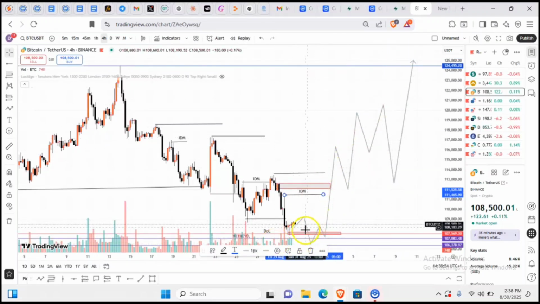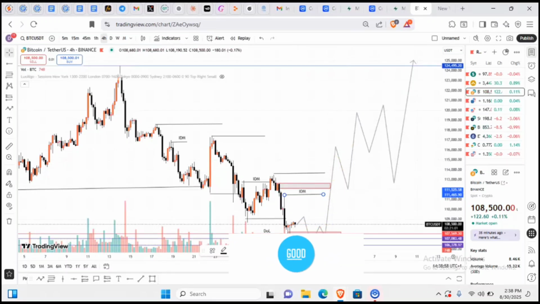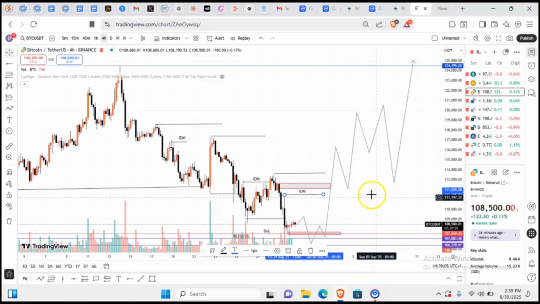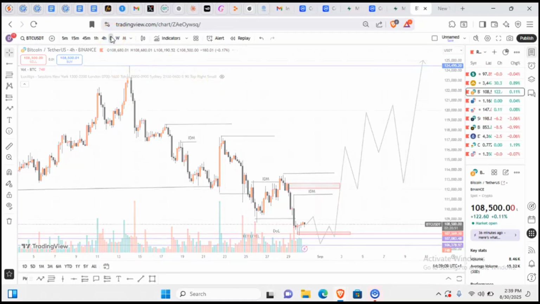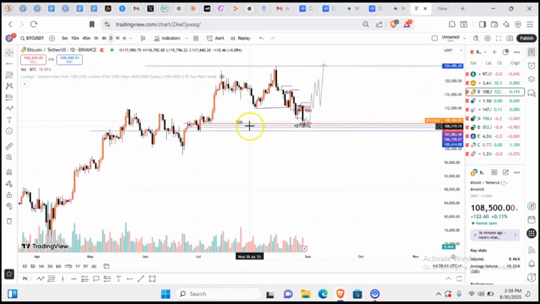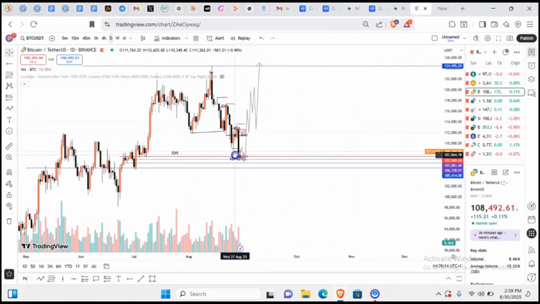If price decides to do otherwise and close below this level, we know that price is going to retrace, and then the downtrend continues for the whole week. So that's scenario 2. I've given us 2 scenarios, and that's my humble observation.